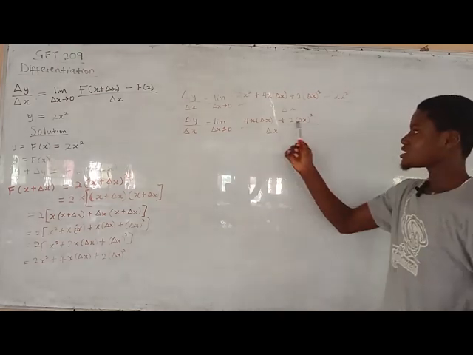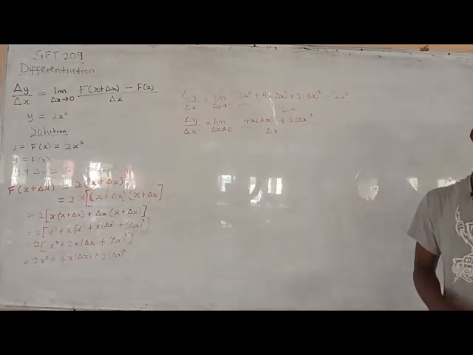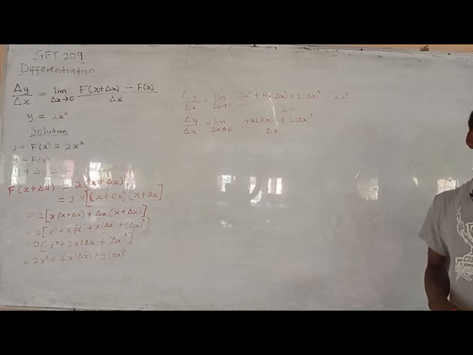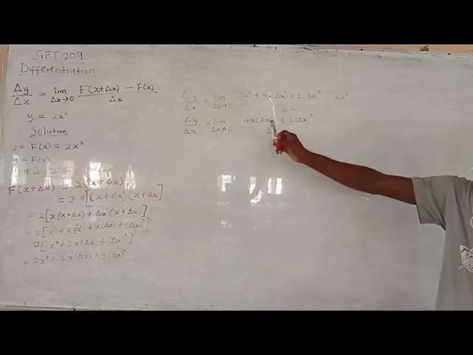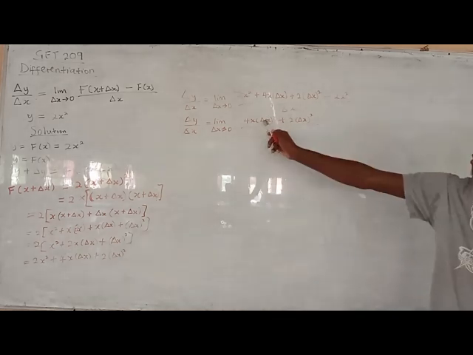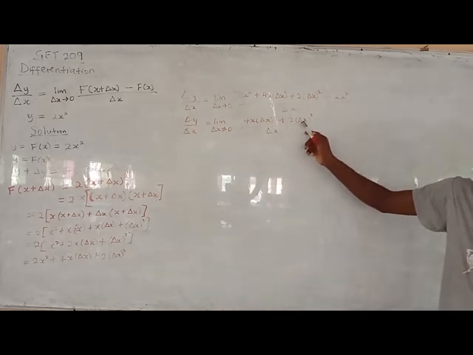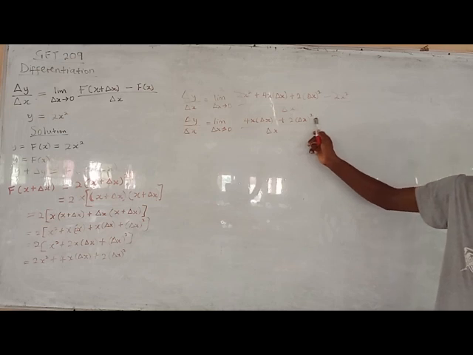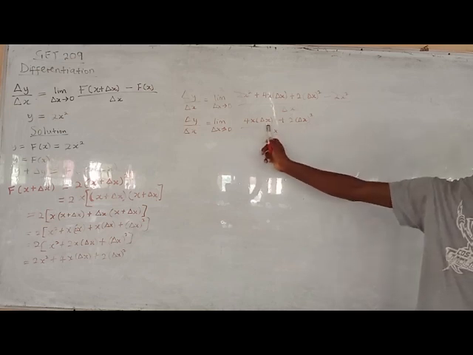Now, this and this have a common factor. Is it a common factor? Yeah, they have a common factor. The common factor is change in x, because we have change in x here and we have change in x here. There are two change in x here and there is one change in x here. Right?